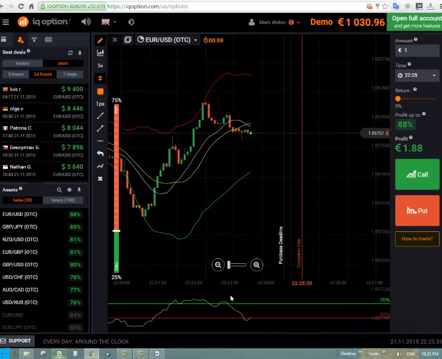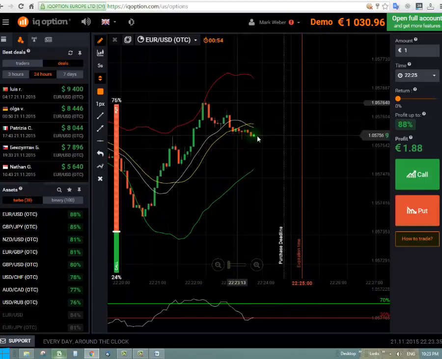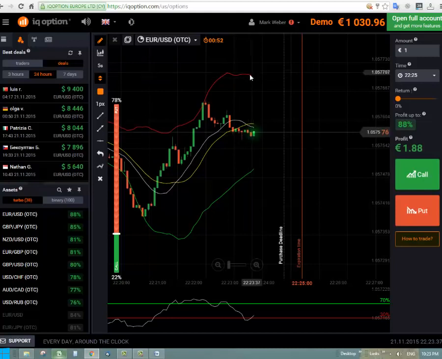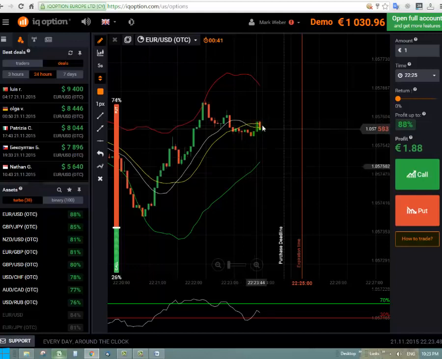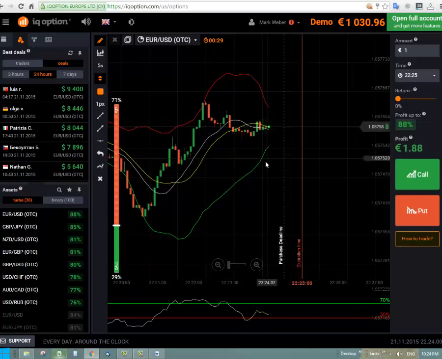And the best thing about this strategy is to monitor if the price hits the top line, and if the RSI indicator is above the green line, above the 70% line, or if the price is on the bottom line and the RSI indicator is on the red line or below the red line. These are signs for an entry point.